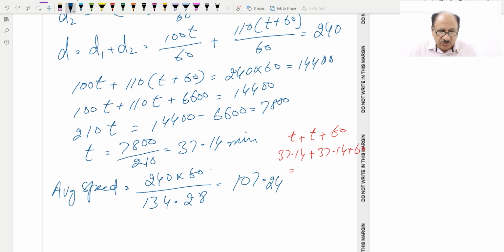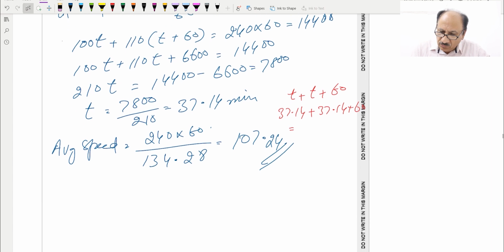This will be the average speed which we have calculated. Hopefully you understood this. This was the question which we have done completely.